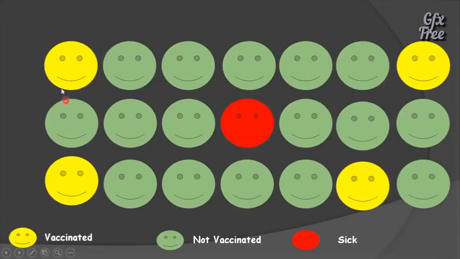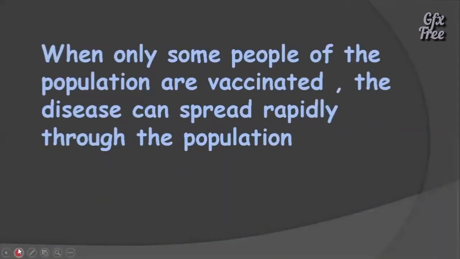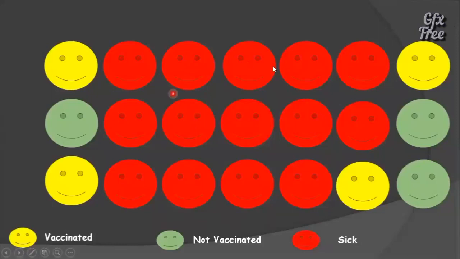Here, yellow denotes vaccinated and healthy individuals, green denotes non-vaccinated but healthy, and red denotes sick individuals. When the sick individual comes in contact with non-vaccinated individuals, there are chances that these people also get infected. Most of the non-vaccinated but healthy individuals will get the infection, because most of them are not vaccinated.